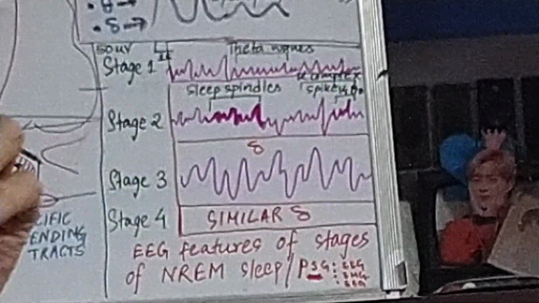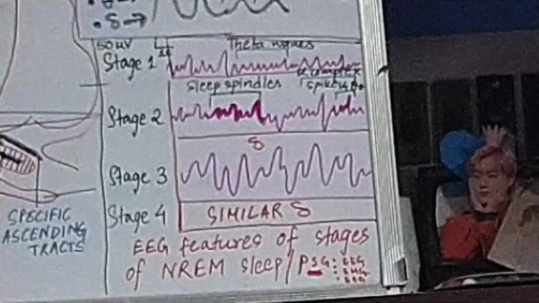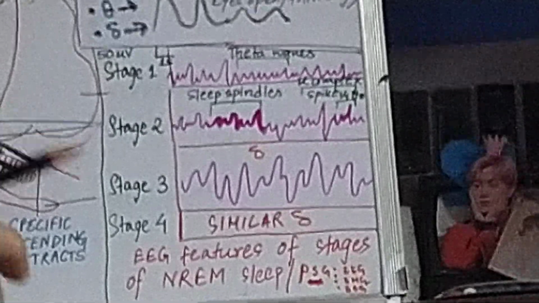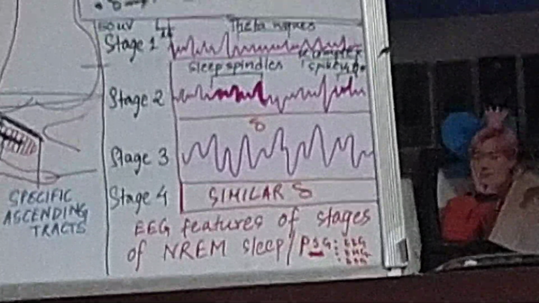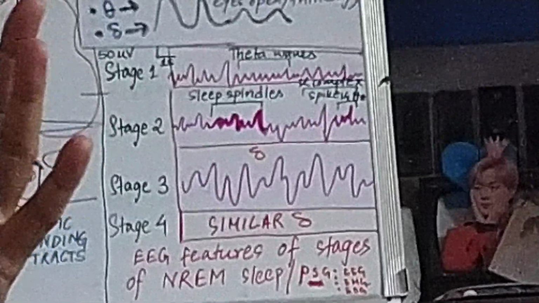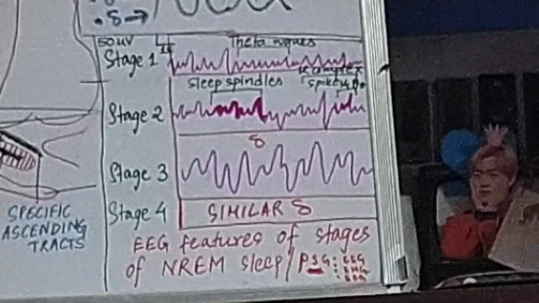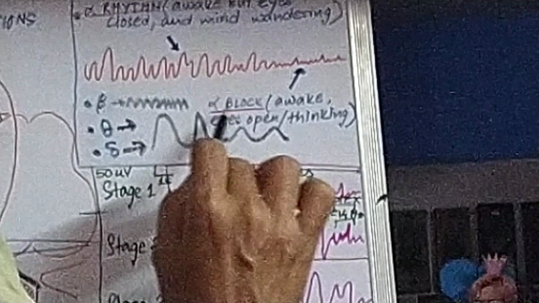Now the question comes, after stage 4 there is REM sleep. During REM sleep, what will be the EEG picture of the subject? Any guess? During REM sleep, the EEG picture will show the classical alpha block.